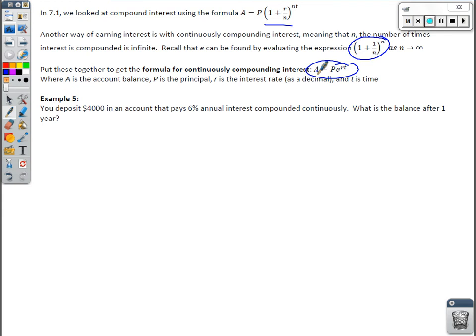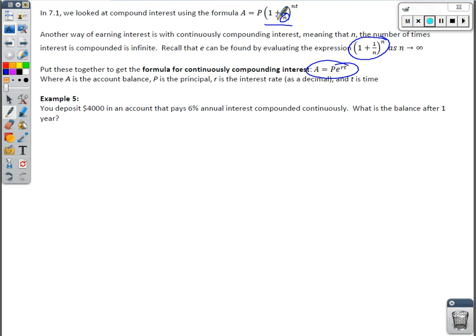So you can see as n, the number of times compounding, gets bigger and bigger and bigger, as we go to infinite compounding, that would be continuously compounding, every instant it's compounding again, we get e. This kind of arises from this.